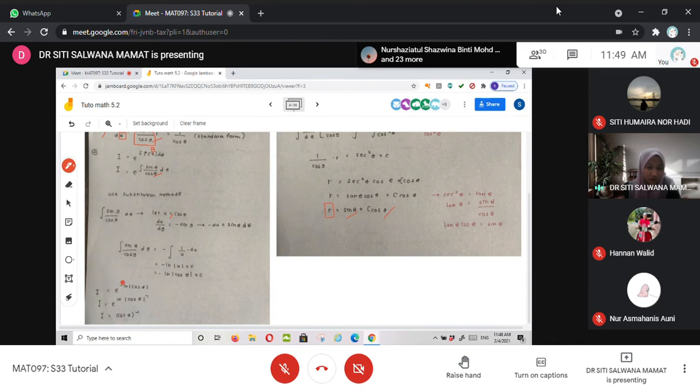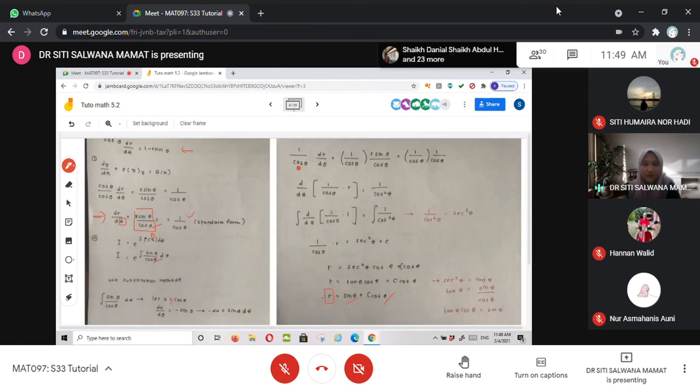So that negative number ni, negative 1, you bawa dia ke sini lah. So that you ada cos theta to the power of negative 1. Okay. Alternatively dia equivalent to 1 over cos theta. Okay, so you darab all this standard form dengan you punya integrating factor. So you observe this.